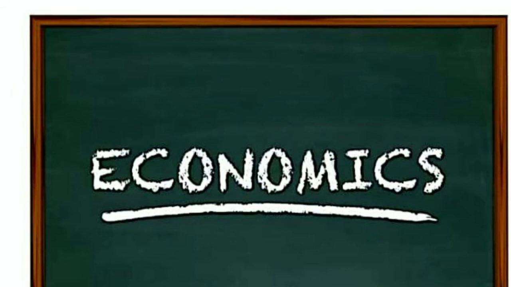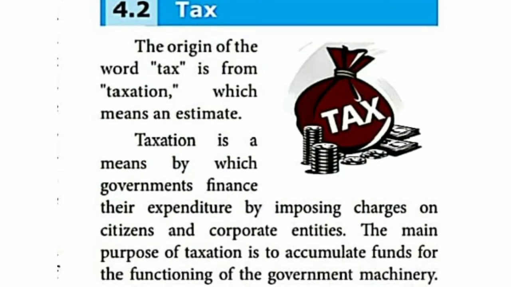So in this class, under 4.2, 4.3 as well as 4.4, I am going to explain. Under 4.2, what is meant by tax is given. In 4.2 as well as 4.3, the same thing is given. What is meant by tax, as well as what are the ways the government is utilizing that amount.